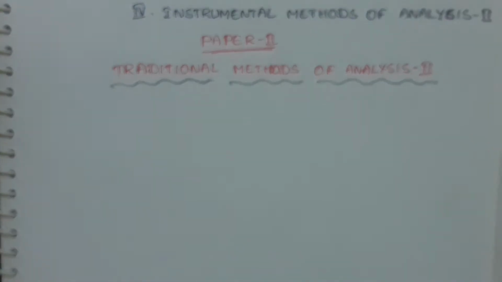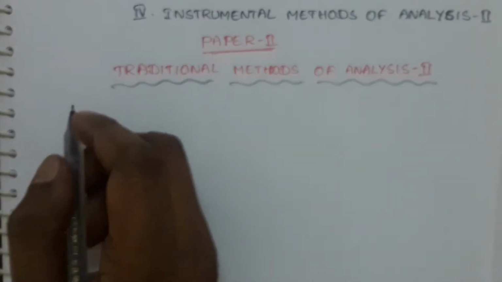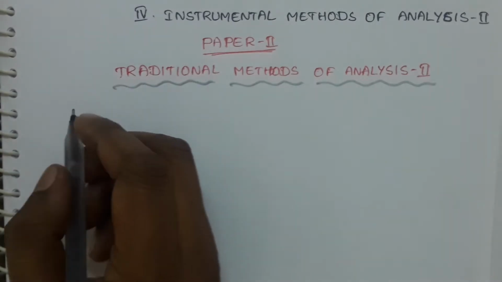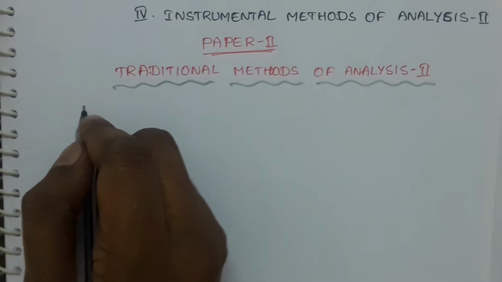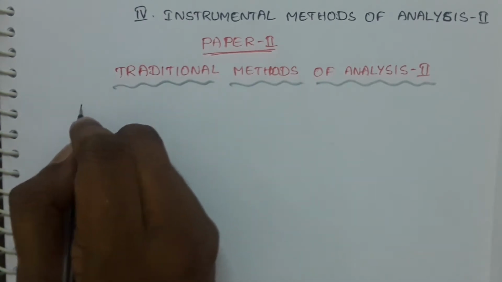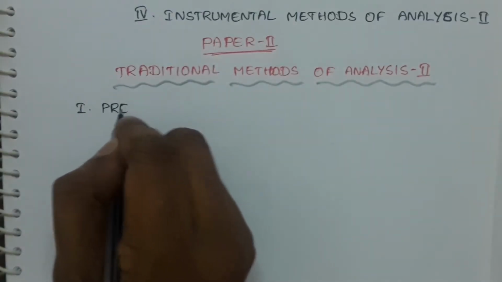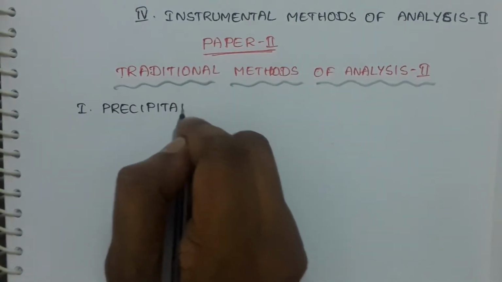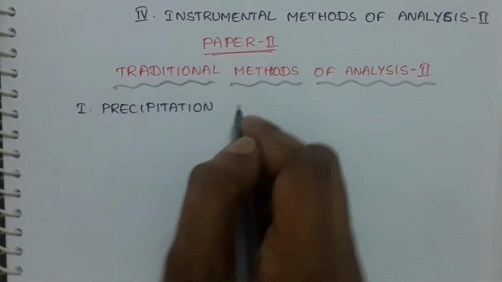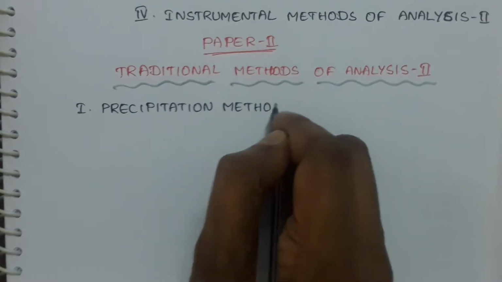So what are the 4 units which are present in paper 2, traditional methods of analysis 2, in fourth semester? First unit is precipitation methods 1.